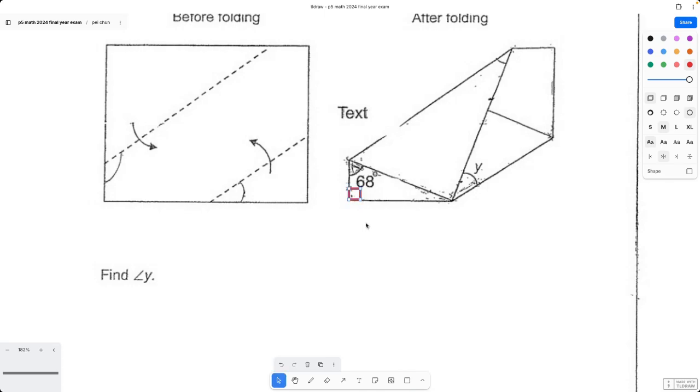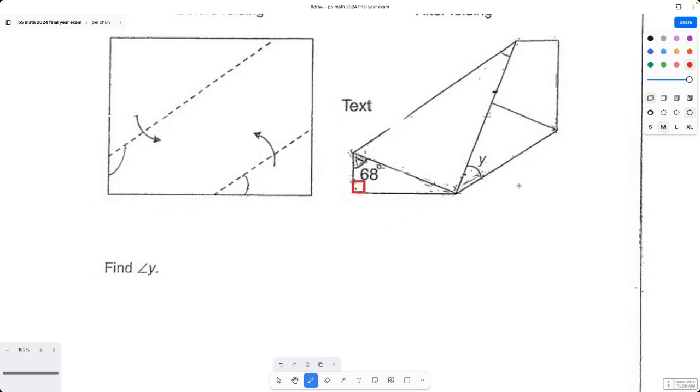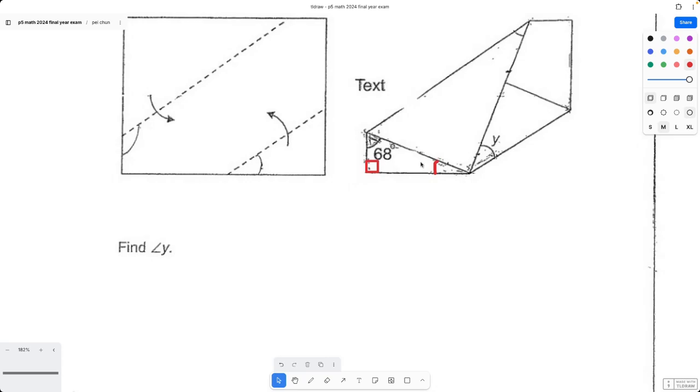I'm going to put like this, right? 90 degrees. So we are also going to put this over here. All right, let's find this angle. I will say x. So in this case, angle x is equal to basically 180 minus 90 minus 68, right?